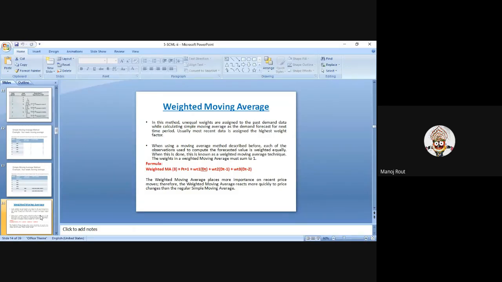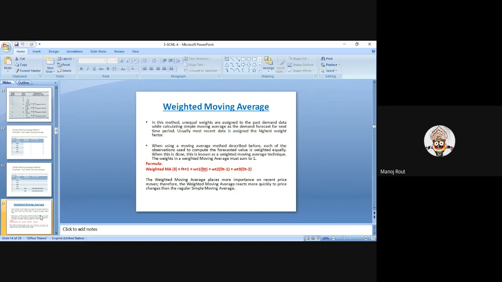In the simple moving average method described before, each observation used to compute the forecast is weighted equally. When unequal weights are used, it is known as the weighted moving average method, and the weights must sum to 1.